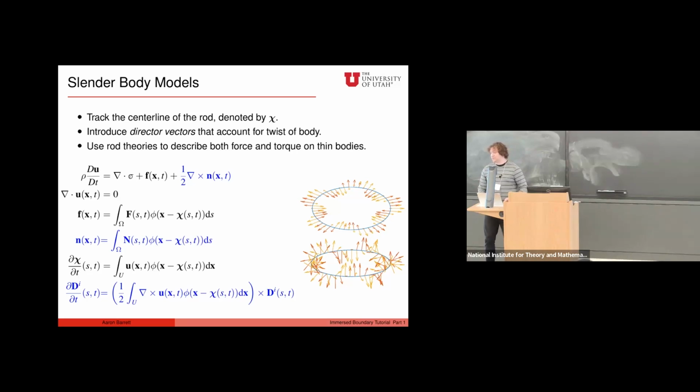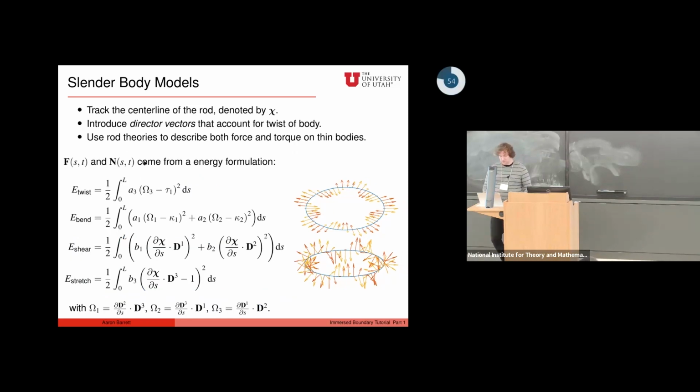So now we need to interpolate the angular velocity to our structure. That's not a problem. We already have delta functions that can do that. And we also need to account for the torque that's being applied to our fluid. So we have to add in an extra torque that we spread from our structure back to our fluid. You have to specify what these force and torque densities are.